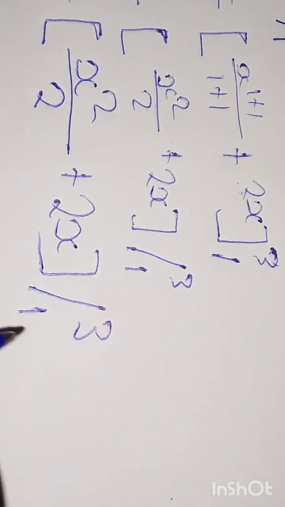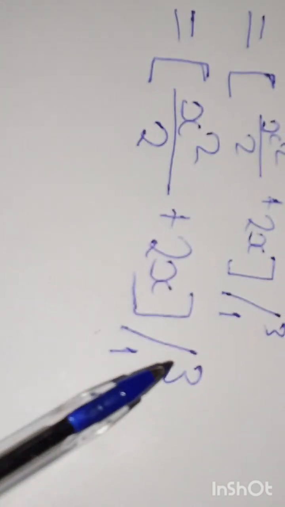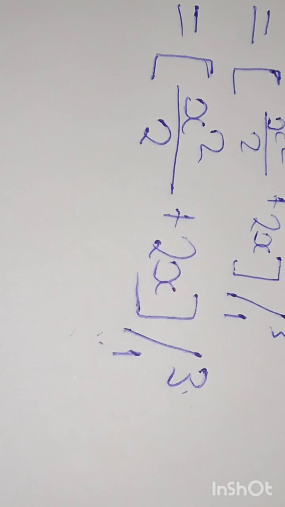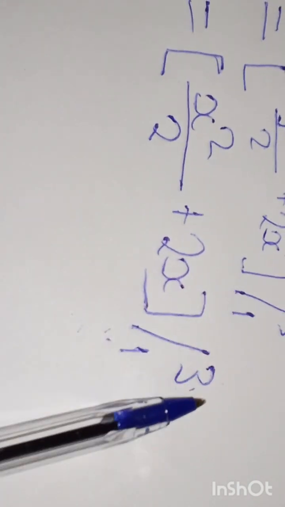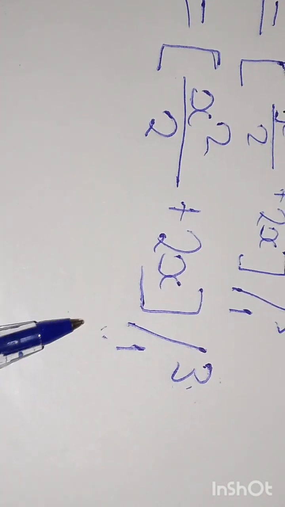With the limits 3 and 1, whenever you have these two, you replace both of them in the function, where there is x. For the upper limit, you get this entire function where there is x, you put the upper limit, minus the same function where there is x, you put the lower limit.